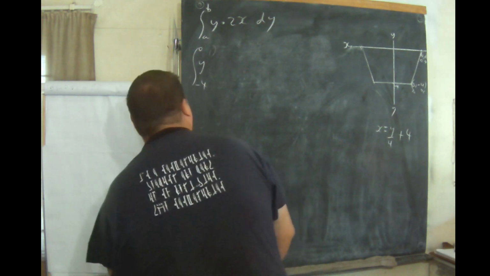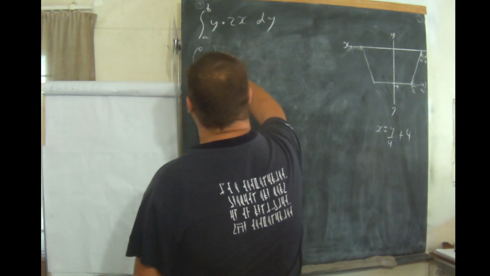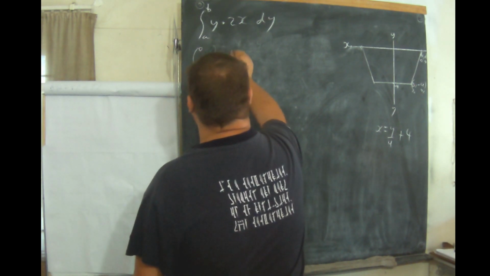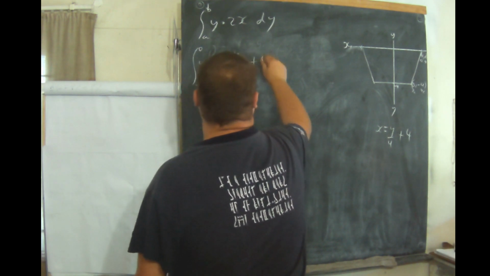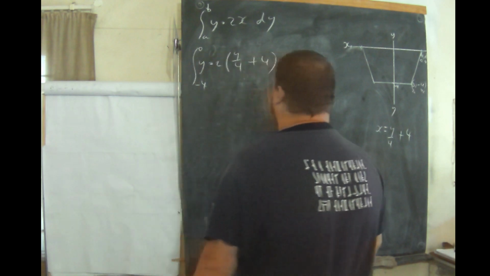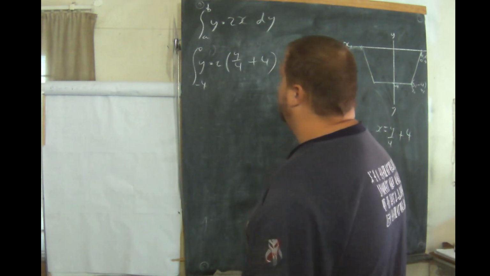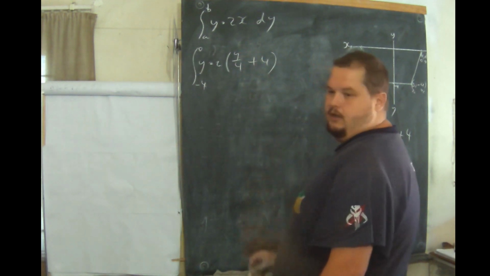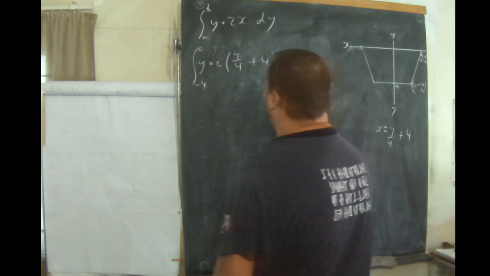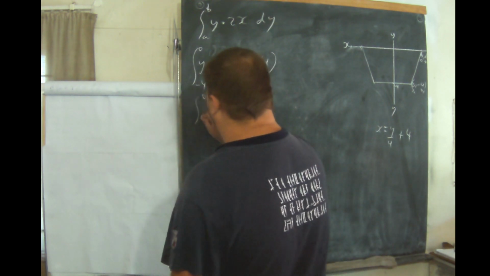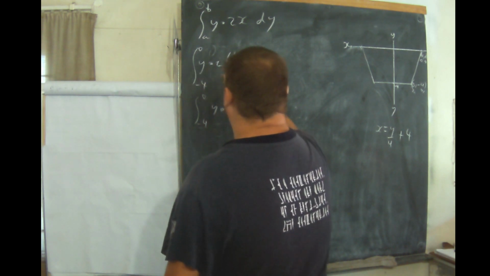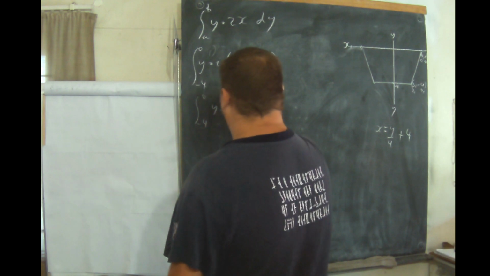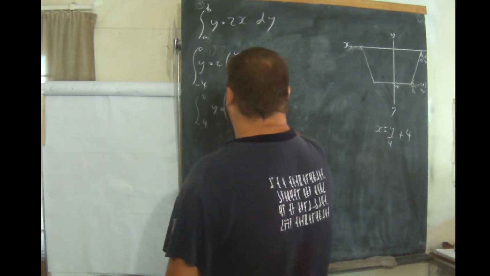Now, what we need to do is multiply by 2 times y over 4 plus 4. Okay, so 2 multiplied by a quarter is a half. So it is the integral from 0 to minus 4 of y times a half y plus 8.